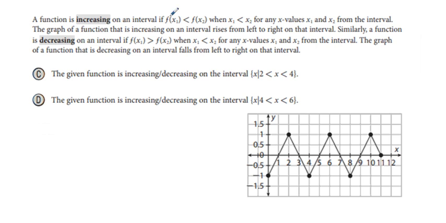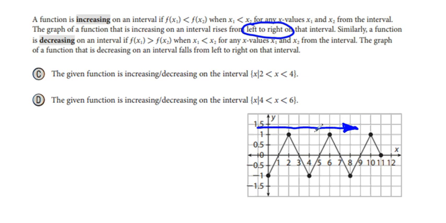Next, a function is increasing on an interval if f of x1 is less than f of x2 when x1 is less than x2 for any x values. We're going to analyze what that is. In analyzing functions, we analyze looking from left to right on intervals, whether those function values are increasing or decreasing over that interval.